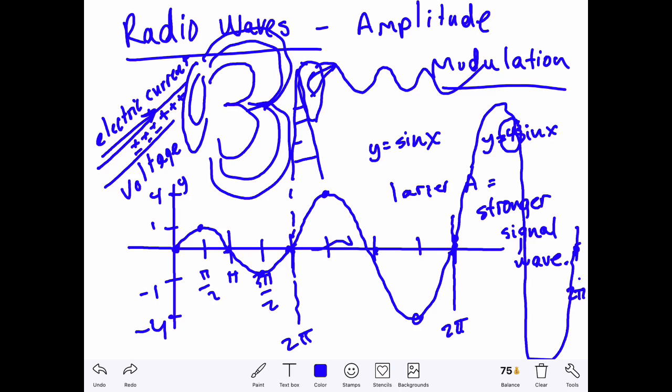Now keep in mind, these are not sound waves traveling through the air, because sound waves travel much too slow. These are what's called radio waves. They travel at the speed of light. This signal of energy is called a signal wave.